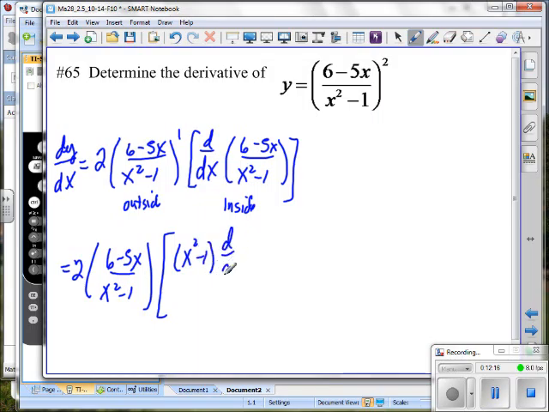Remember, you're going to write out those derivatives inside this. So it's the denominator times the derivative of the numerator, plus or minus. How do you know that? And again, do you have a method? Or are you just hoping that you don't forget? As long as you've got a method.